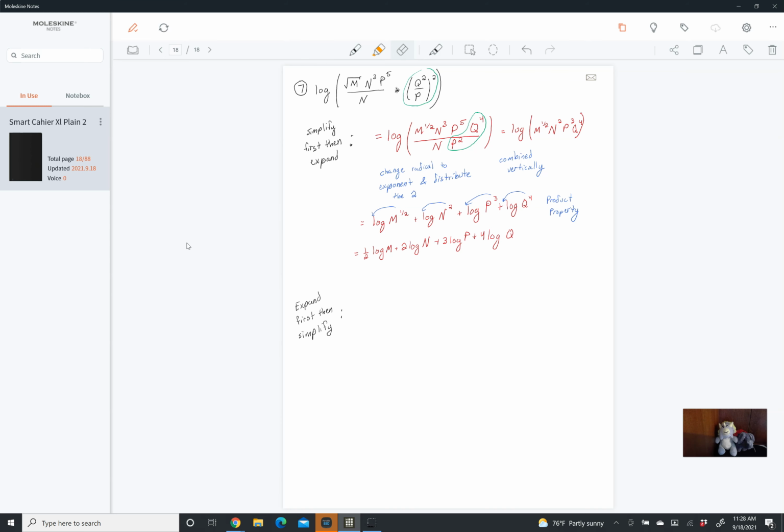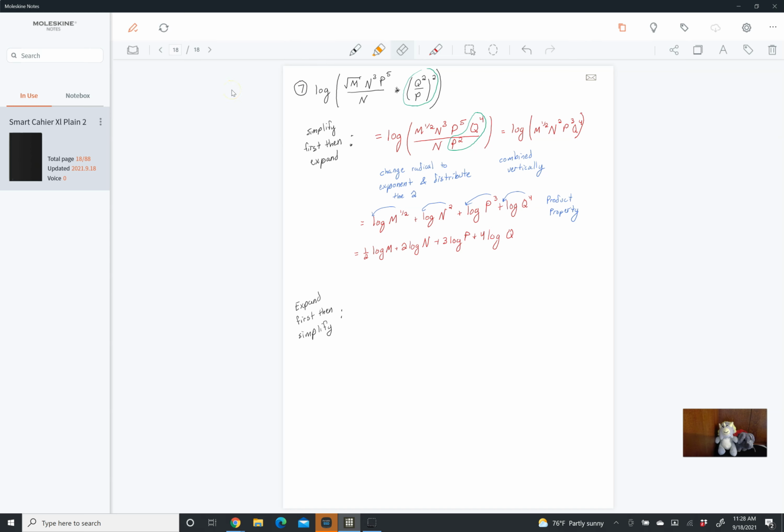You always want to get rid of the radicals, okay? So our first step doesn't change. The big difference is that we're not going to distribute this 2, okay? So we can do this in 2 steps.